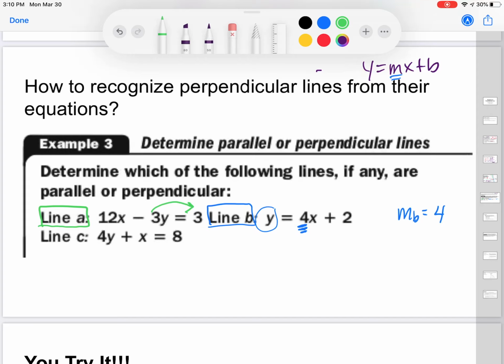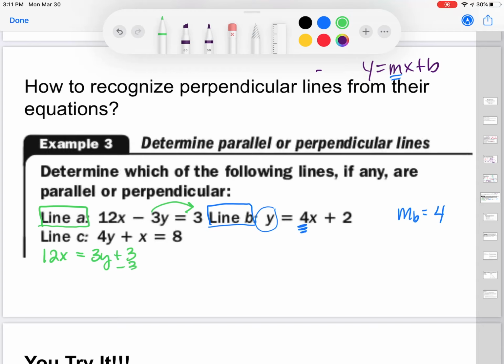When I move a term across the equal sign, it has to change signs, okay? So 12x equals, because I didn't move the 12x, but the negative 3y is on the right-hand side now, and it becomes a positive 3y. And then the 3 stays there. It's going to still be positive.